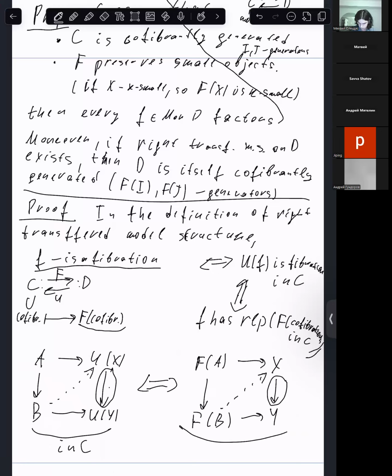This is precisely what we stated. This is an acyclic cofibration, and this is the image of the acyclic cofibration.